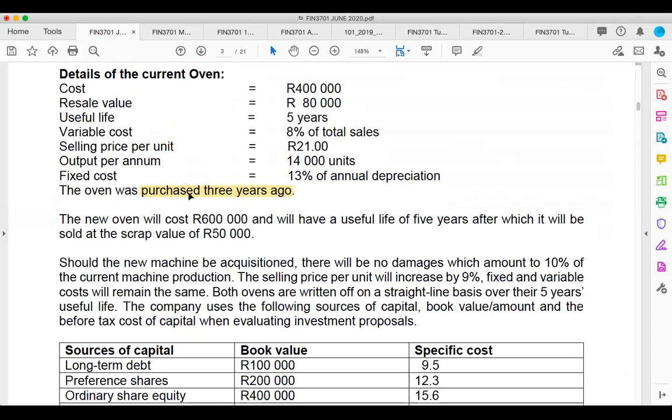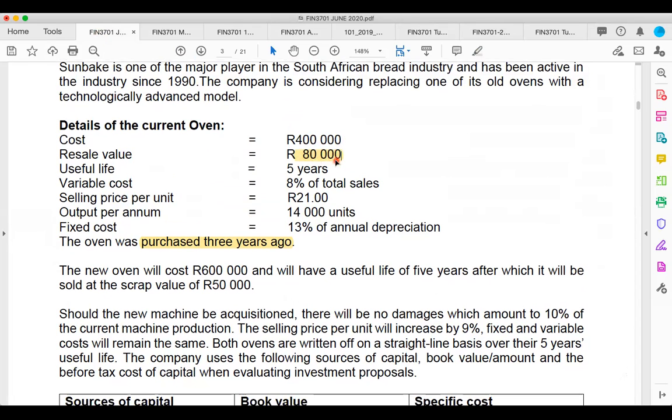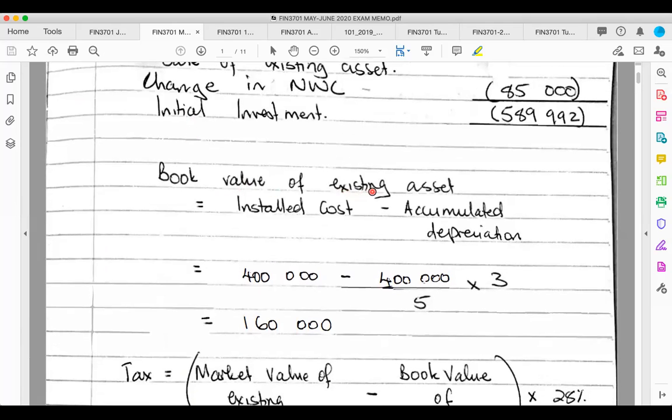We were just given the market value of the existing asset. We were told the existing asset can be sold for 80,000 Rand. But we need to compare this resale value with the current book value of the asset to see if it's sold at a profit or at a loss. Okay.